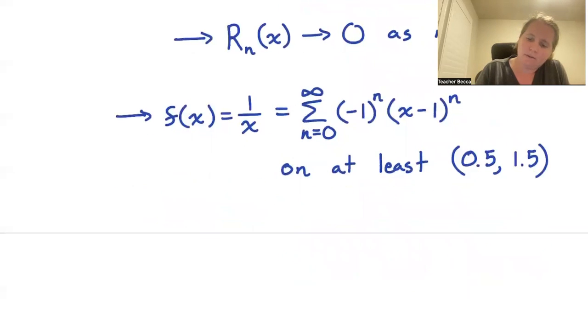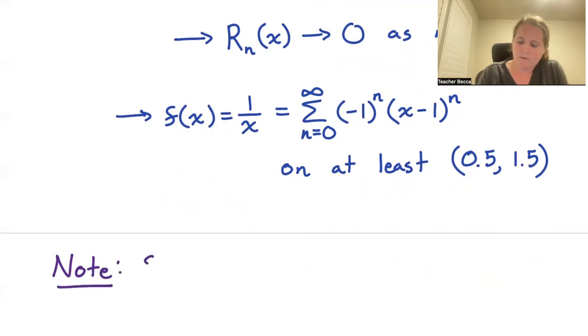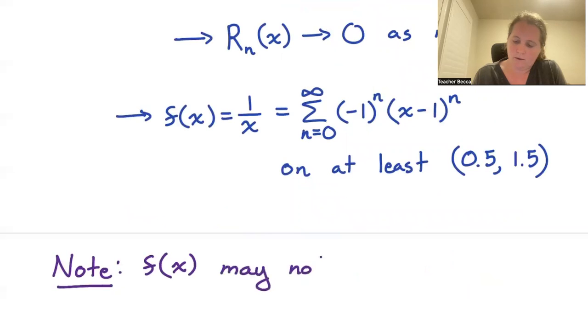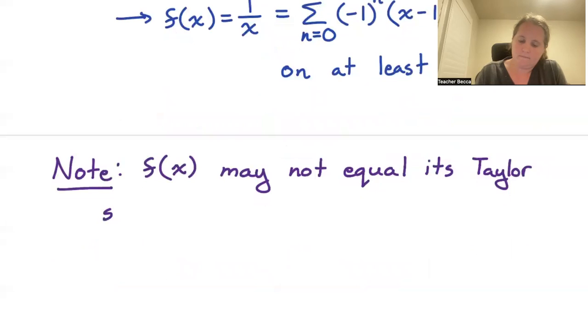As a side note, f of x does not have to equal its Taylor series on the entire interval of convergence for the Taylor series. So f of x may not equal its Taylor series on the entire interval of convergence.